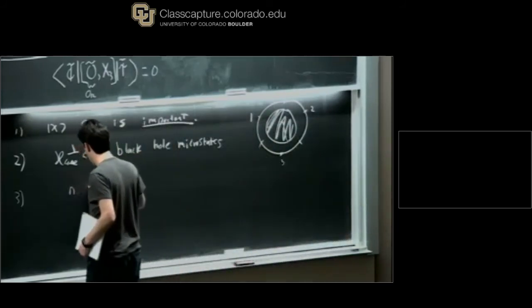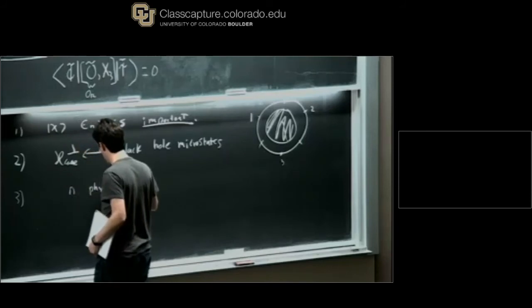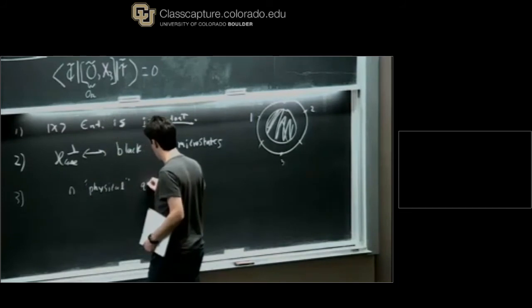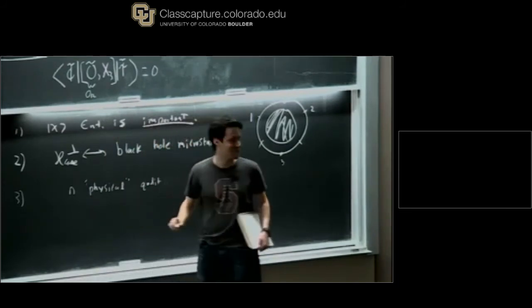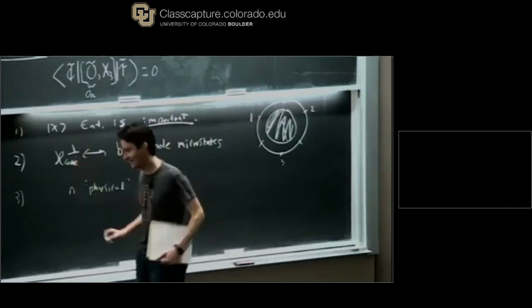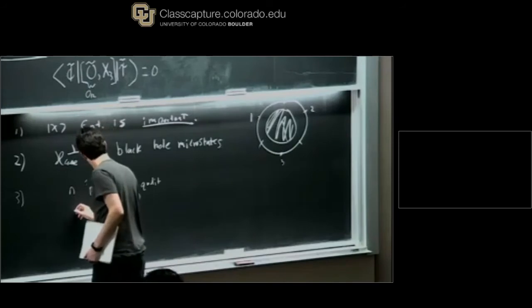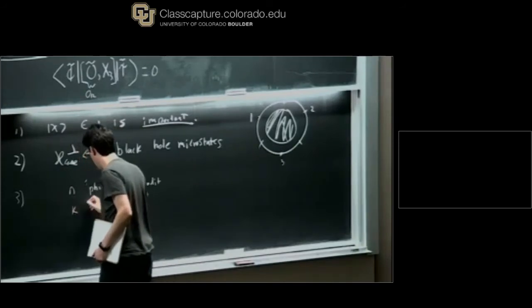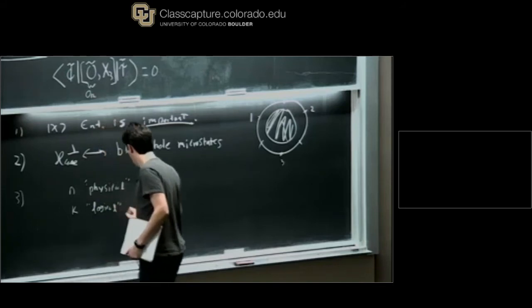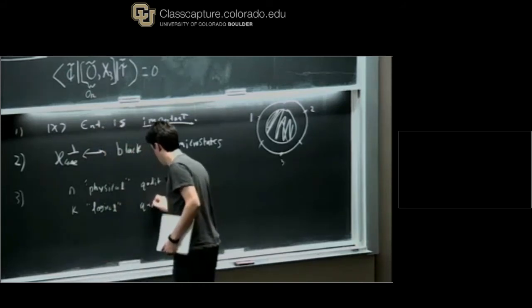So say we have n physical qubits, and I'll call them qudits. So a qutrit is a d-state qudit with d equals 3, and a qubit has d equals 2. I don't make up these names, okay? Say we have k logical qudits.